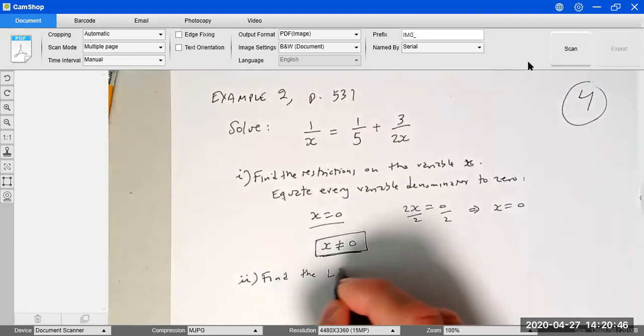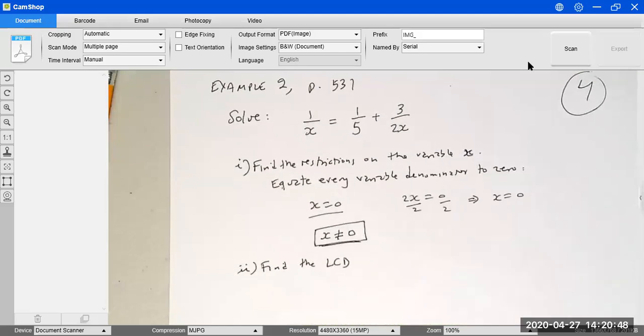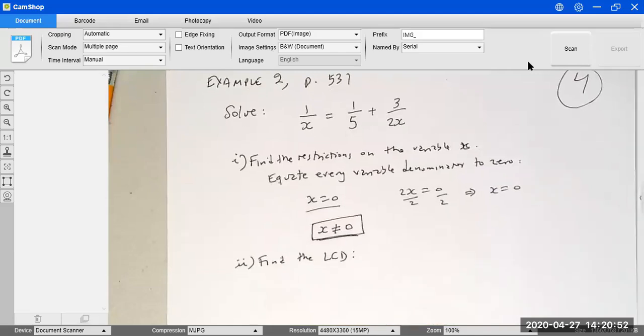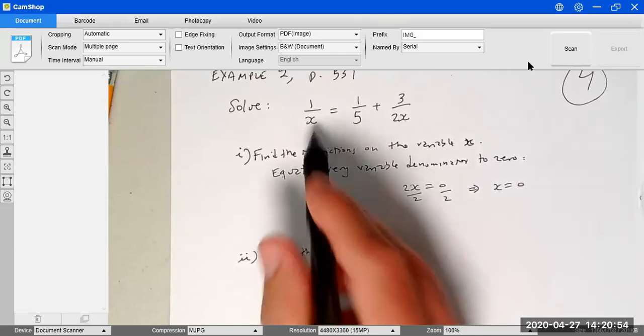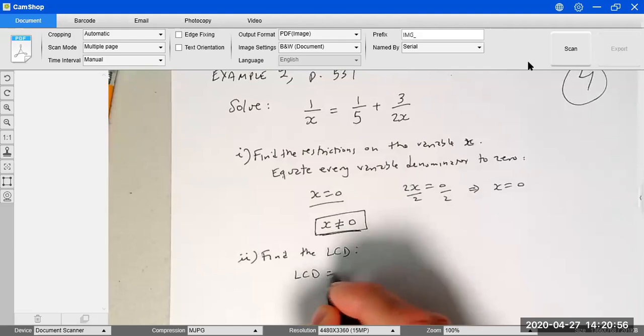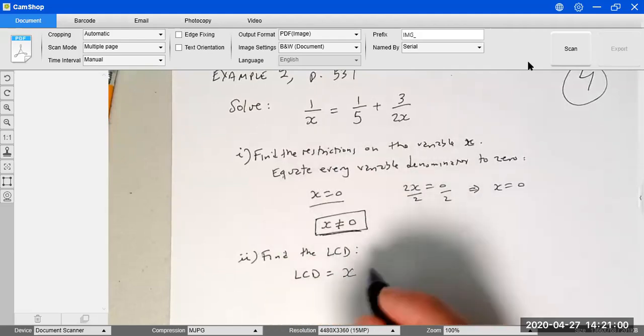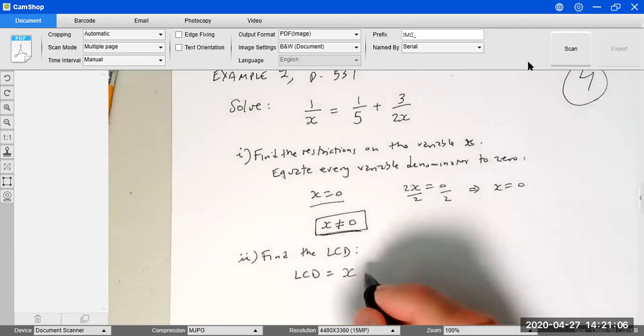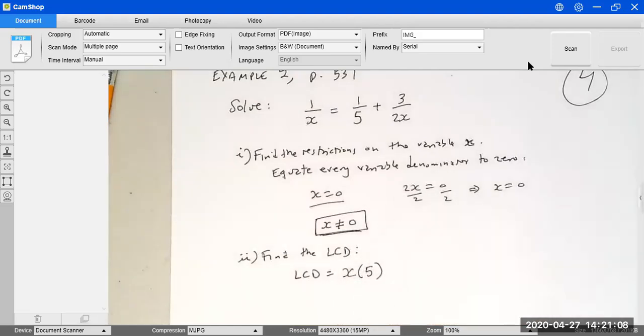Then we're going to find the least common denominator for all the denominators that are here. We start with the first denominator, which is x. Then we multiply this by any factor in the second denominator that is not here, so 5.